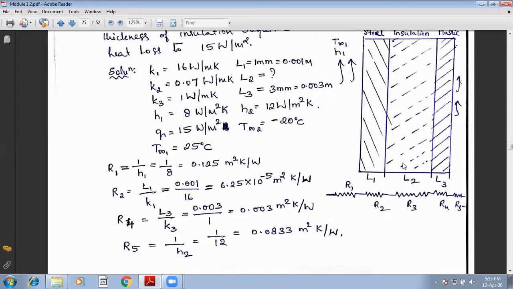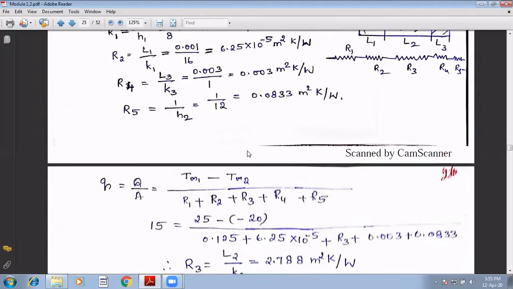We know total heat loss, we know total temperature difference, we know some of the resistances, excluding R3. If we substitute R3 as L2 by K2, K2 is also given as 0.07, we will get the value of L2. It is that simple.